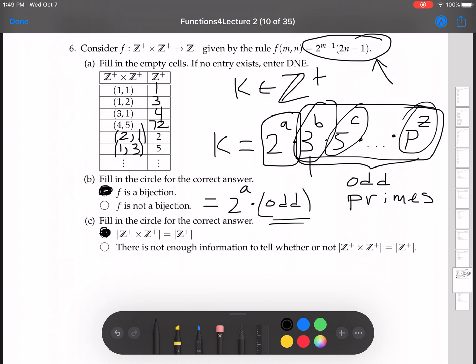This is always going to be 2 to a power. So you can always write any positive integer as 2 to some non-negative power, a natural number power, times some odd. And so that's why this formula works, and it's onto.